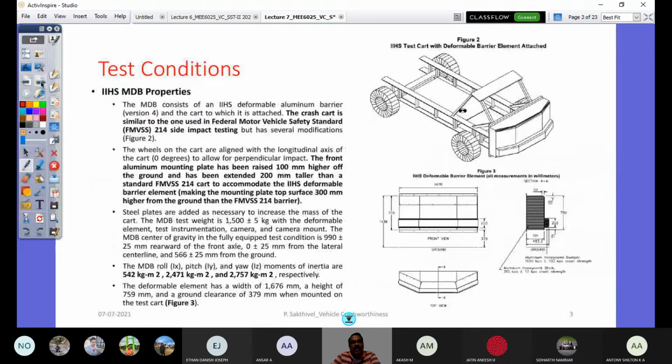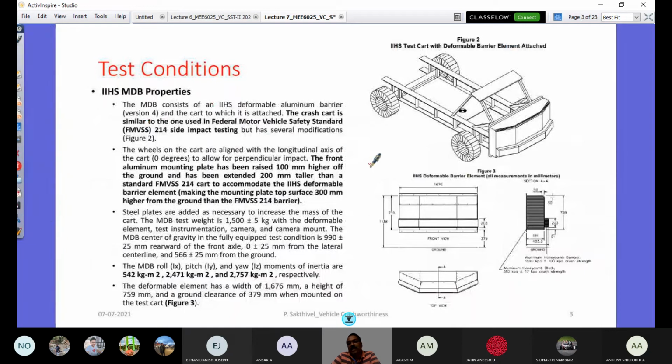And then let's understand the configuration and properties of this MDB from IIHS. The MDB consists of an IIHS deformable aluminum barrier. There are many versions.